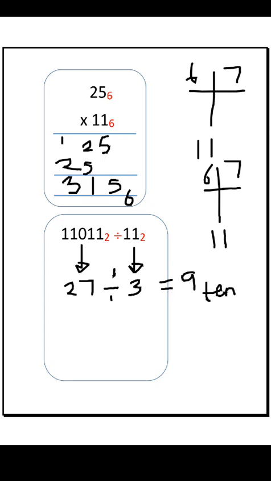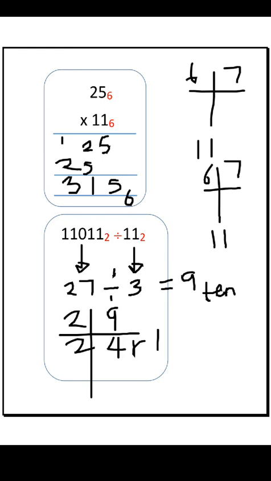But your answer is supposed to be in base 2. So you convert the 9 to what? Base 2. How do you convert 9 to base 2? Let's do that. 2 in 9, that is 4. Plus 4, 8, remainder 1. 2 in 4, that is 2. 2 times 2 is 4, remainder 0. 2 in 2, that is 1. 2 times 1, 2, remainder 0. 2 in 1, 0. 2 cannot go in 1, that's 0.